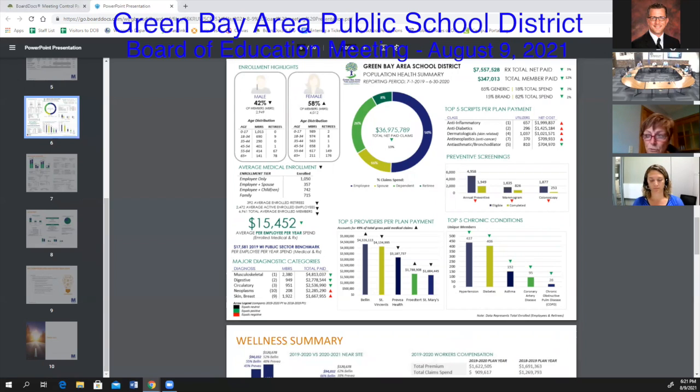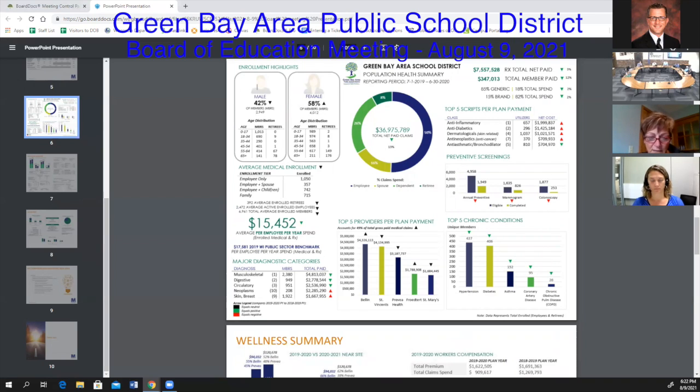In the future, we'll look to bring you updates 2 times a year or more frequently if you wish. That'll give you more relevant data. But as the plan just ended June 30th for 2021, there's a lag in pulling that data.